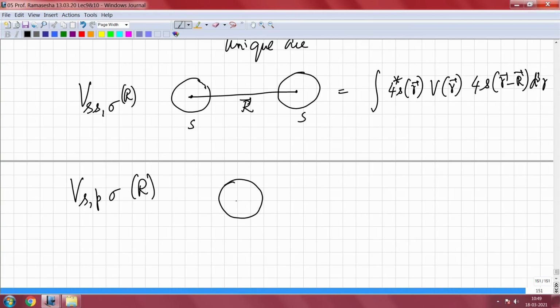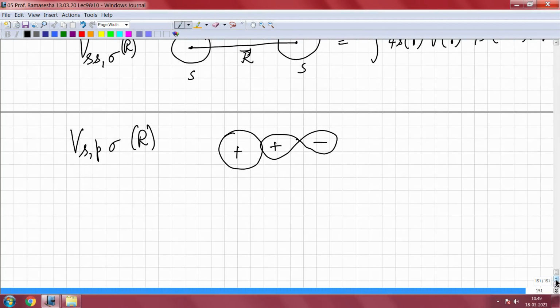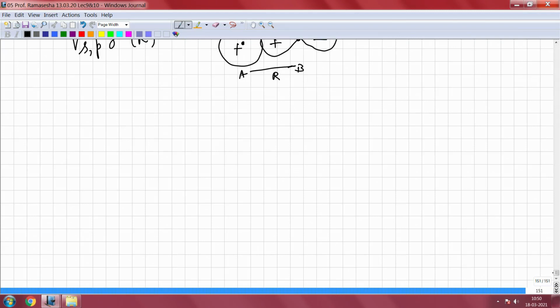Can have a plus here and then a p orbital, and this will be VSP sigma. This is A and this is B. That distance is r. Similarly, I can also have VSD sigma as a function of r.